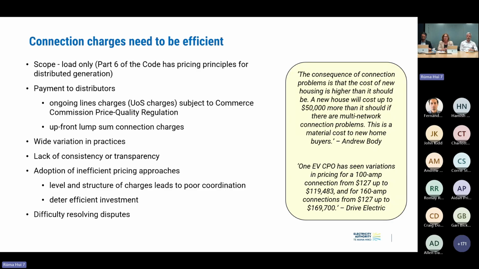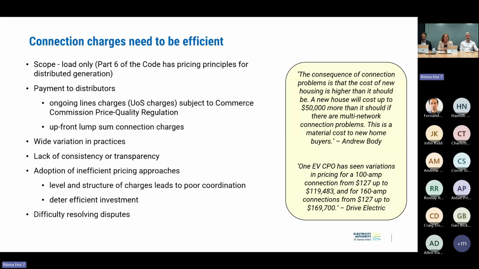Distributors' costs not recovered via upfront charges are recovered through ongoing lines charges. This work is focused on pricing methodologies for the one-off upfront charges that are triggered when a customer requests a new connection or enlarged connection to the distribution network.